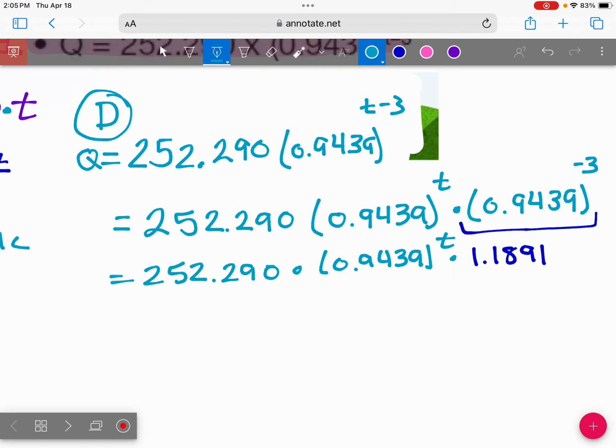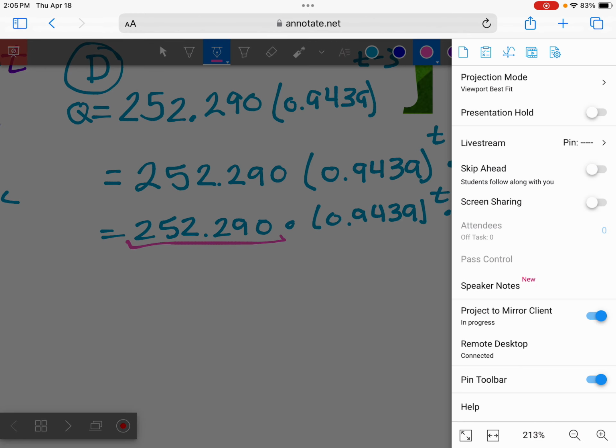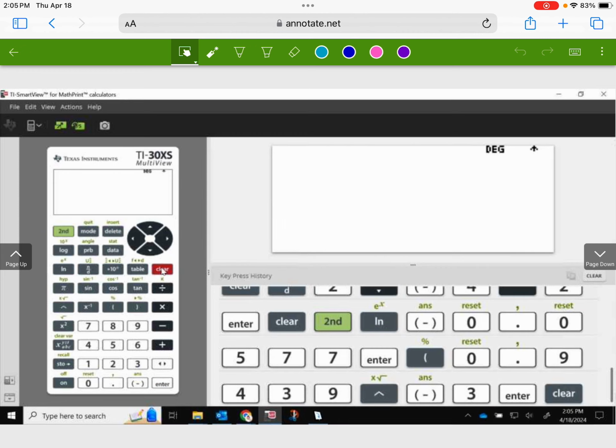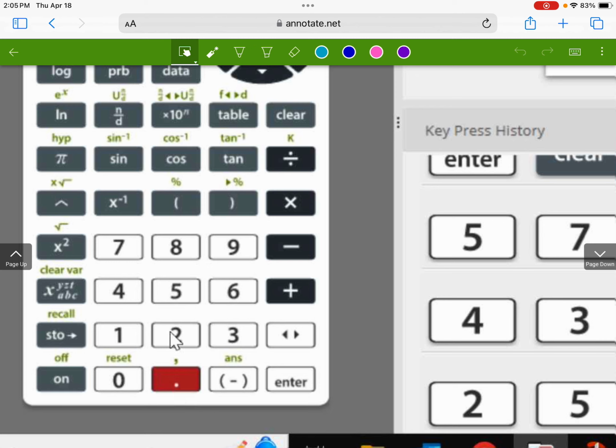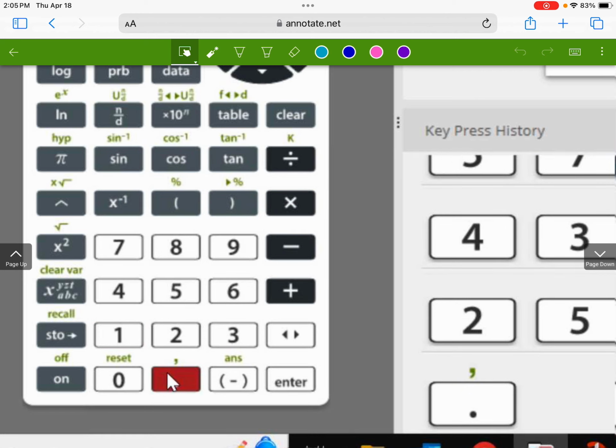But since all these pieces are being multiplied, I can actually take my two numbers and multiply them together. I don't have to have them on opposite sides. So if I take my 252.29, because that's what's in the equation, times the 1.1891, we get what is essentially and roundably 300.